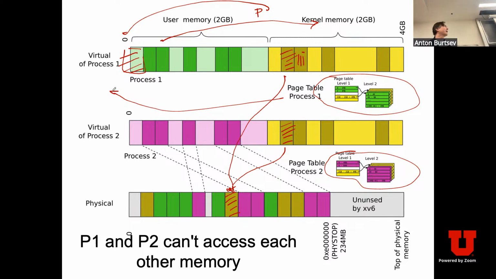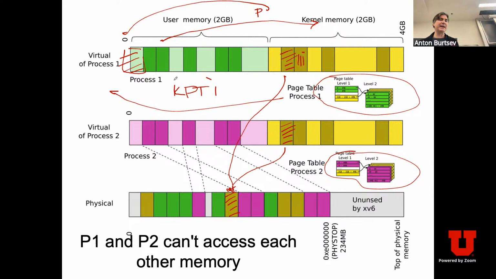Again, I should stop and say that not all systems do this. Linux does it, but due to the recent, or not so recent at this point, Meltdown and Spectre attacks, there is a technique called KPTI, kernel page table isolation, meaning that the kernel part of the address space is not mapped on the user page table.